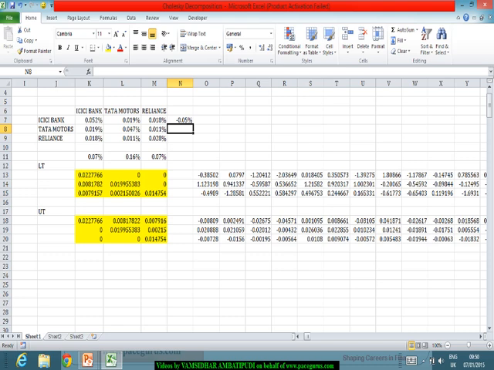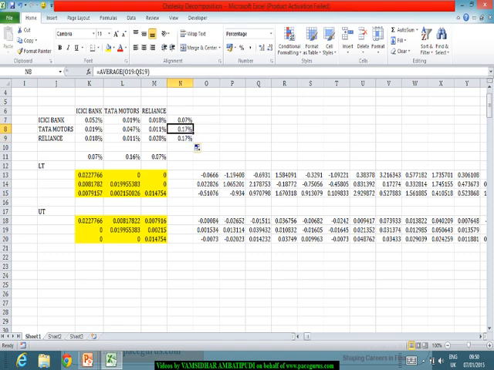Right, let's try out if this is the case with the other two as well. Yes, they have generated 0.17 and 0.17% kind of return.